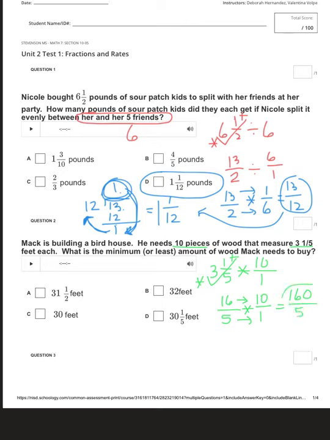So now I'm going to take the 160 over 5 and divide it. When I divide, 160 goes inside, 5 goes on the outside, 5 goes into 16 3 times, and 5 goes into 10 2 times. So you're going to need 32 feet of wood for the birdhouse.